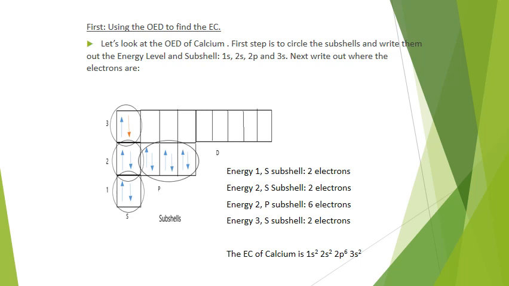Okay, so this is calcium. We developed this at some point in the past. I can't remember where I did this. But so this is calcium, and this is the orbital energy diagram. Once you get the orbital energy diagram, what you do is just circle the subshells, not the squares.